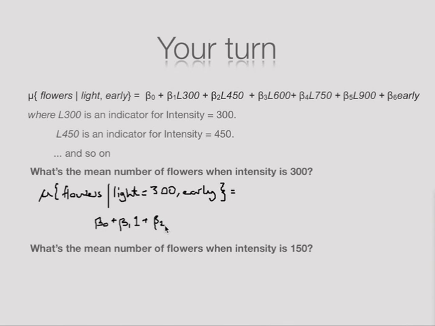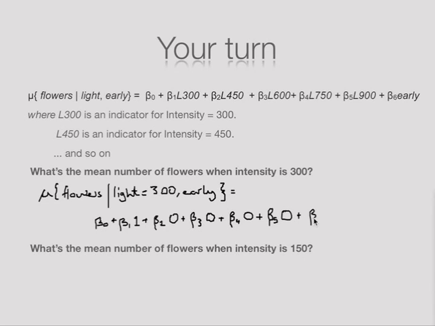Beta 2 times an indicator variable for whether the intensity was 450. It wasn't 450, so that's going to take the value 0. Beta 3, similarly, for intensity equals 600. Well, it wasn't 600, so that's 0. Same for 750, that'll be 0. Same for 900, that will be 0.